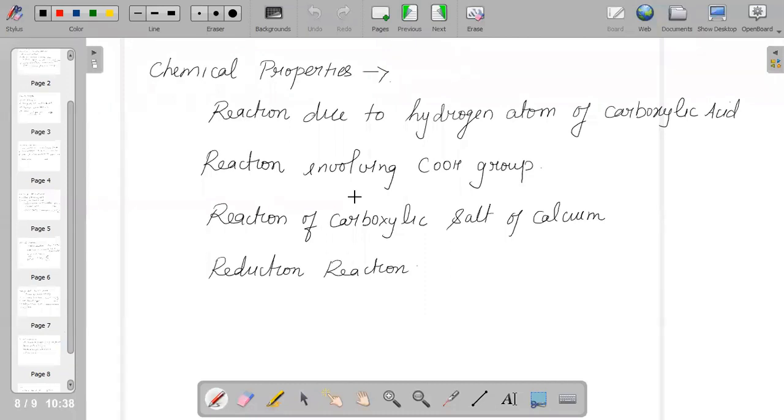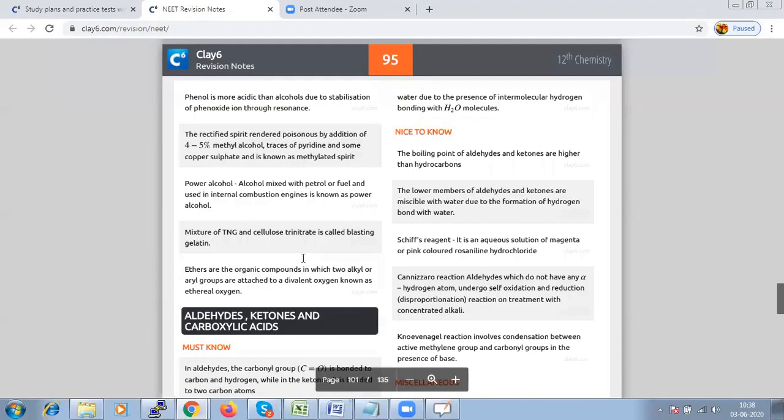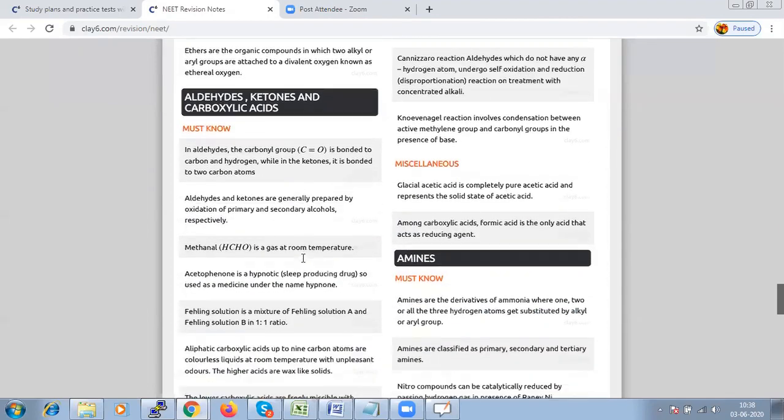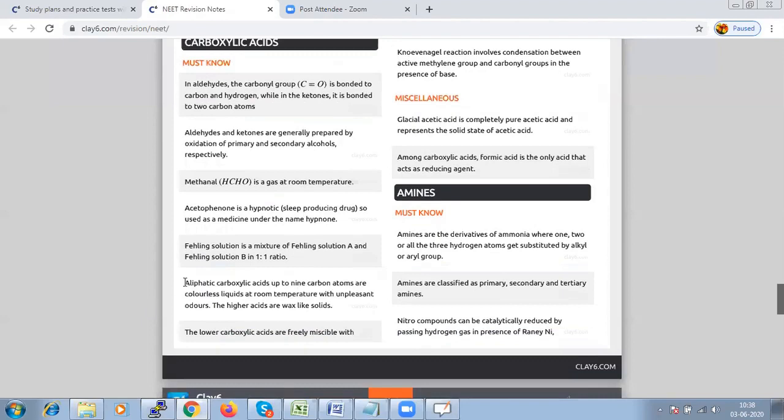The higher members are oily liquids, and still higher members become waxy solids. As we said here, aliphatic carboxylic acids up to 9 carbon atoms are colorless liquids at room temperature with unpleasant odor, and the higher acids are wax-like solids.